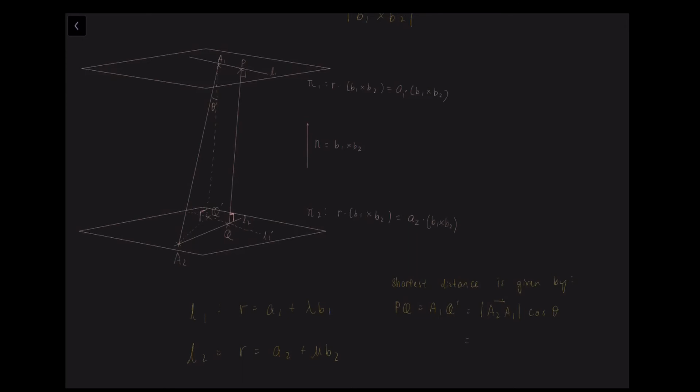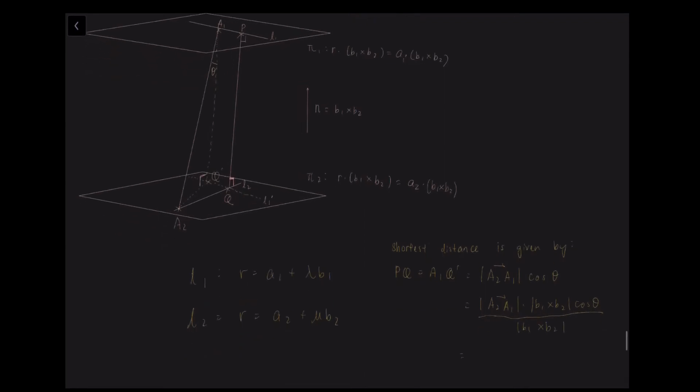So the modulus of A1A2 dot B1 cross B2, which is the normal, times cos theta, divided by the modulus of B1 cross B2. We can then simplify it using the dot product formula, or the cos theta formula, and obtain A1 minus A2 dot B1 cross B2 over the modulus of B1 cross B2. Again, we reach the final formula that can help us find the shortest distance between two skew lines.